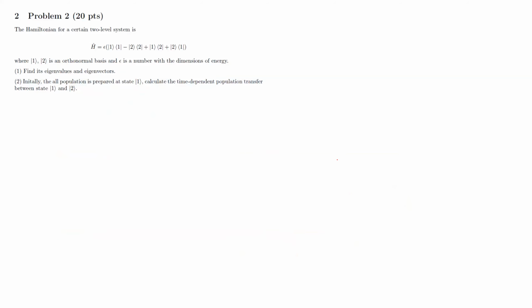Okay, so the next problems, problem 2 and problem 3, are basically the same, but problem 2 is a 2x2 matrix, and problem 3 is a 3x3 matrix. That is a very important part. We spent a lot of lectures going through how to do eigenvalue problems in matrix format.